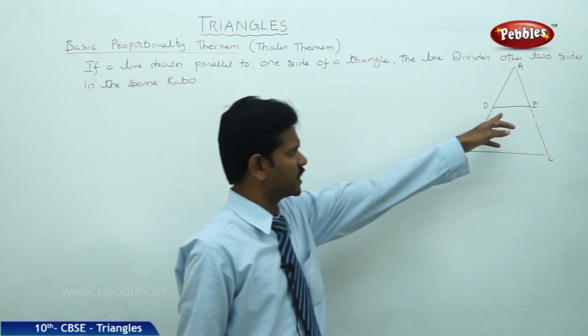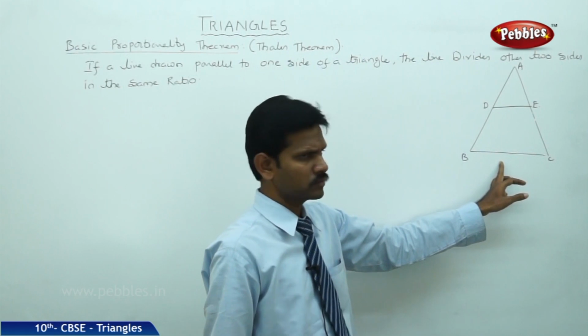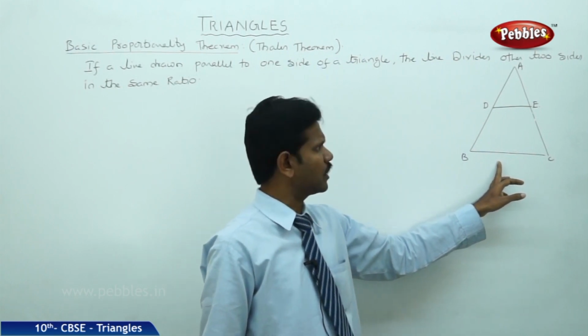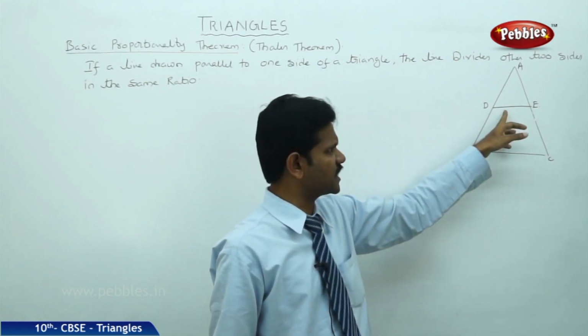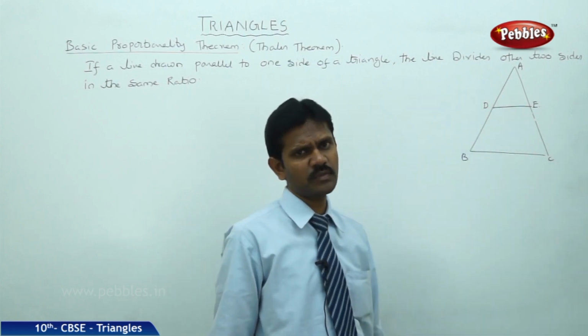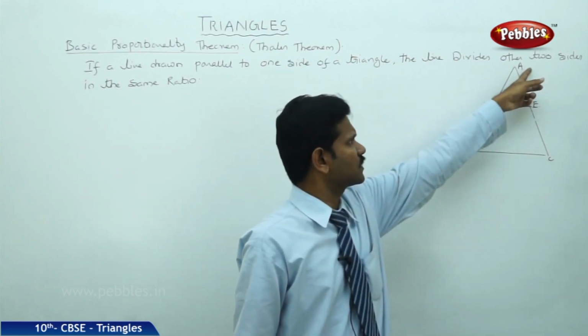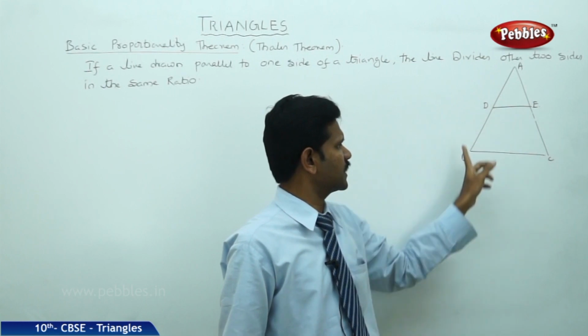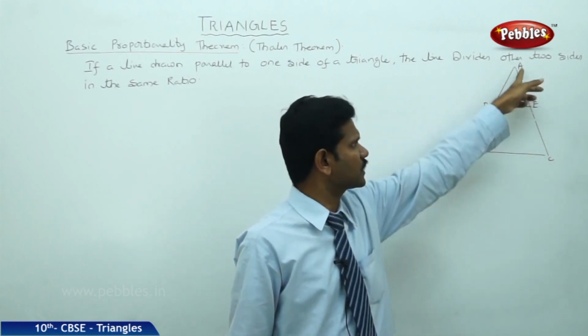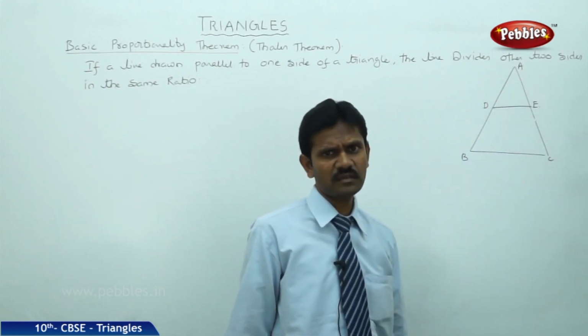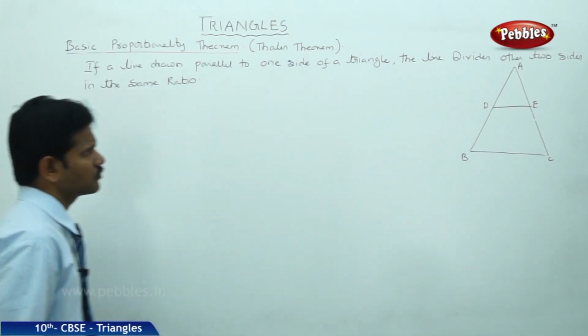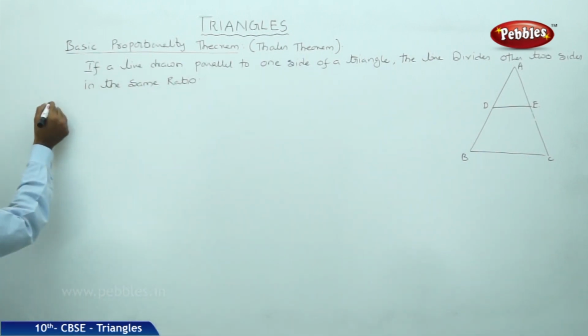Now, DE is parallel to BC and you have to show that this DE divides the other two sides in the same ratio, that is AD by DB is equal to AE by EC. That is, you have to prove. Given.